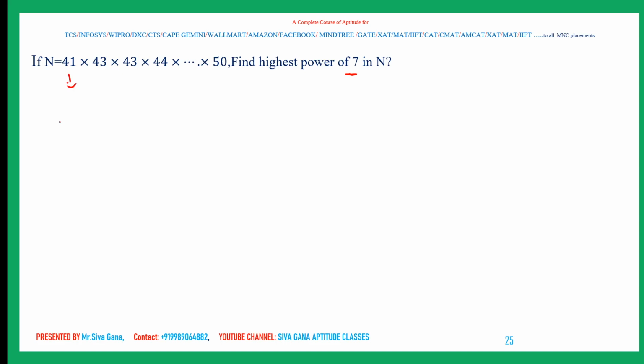So what I'm going to do is multiply with 40 factorial in the numerator, which means 1 into 2 into 3 and so on up to 40, so the rest of the numbers in the numerator are 41, 42, 43 and so on up to 50.